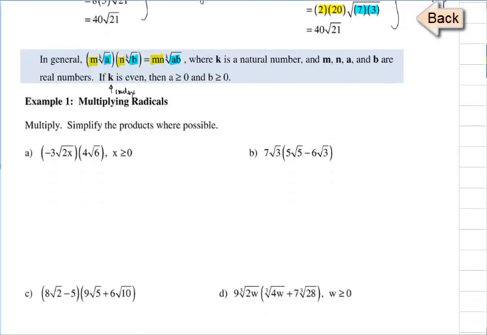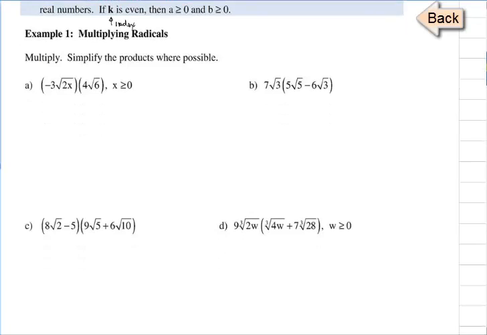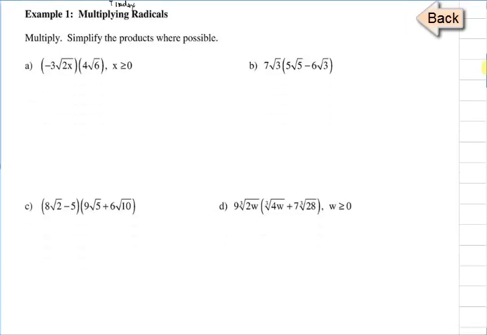Okay, so let's take a look at our first example. You've been asked to simplify the products where possible. So on our first example, we are going to multiply a negative 3 times the square root of 2x times 4 times the square root of 6.